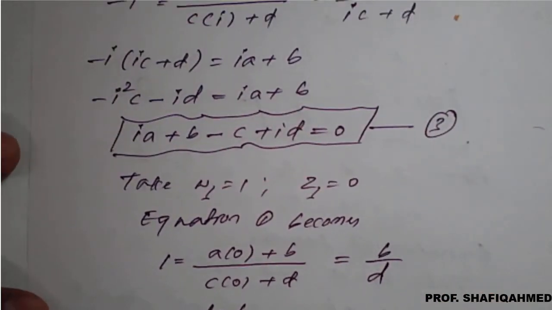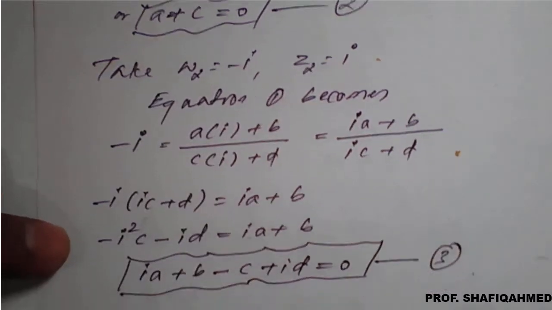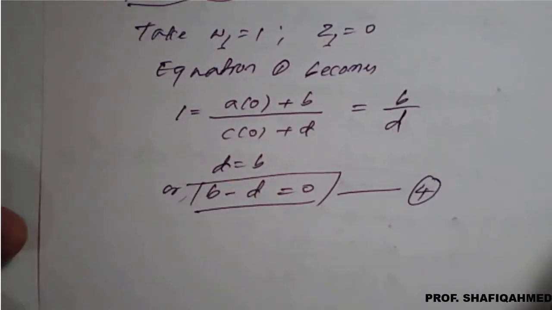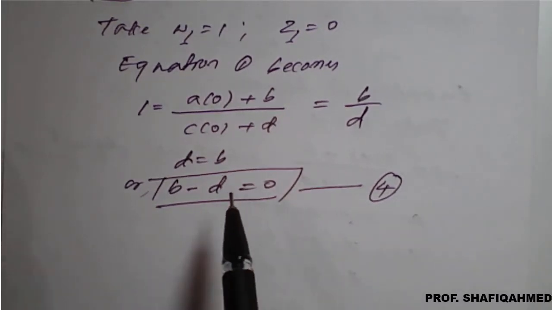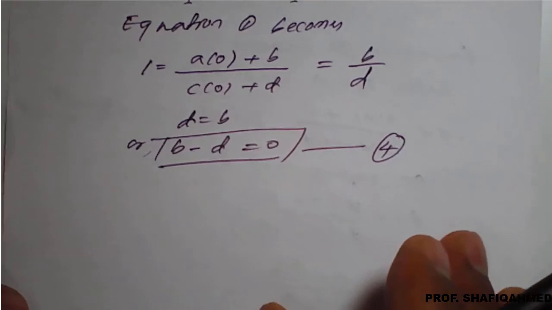You can see that our equation 2 has only 2 terms, that is A and C. Equation 3 has A, B, C, D, all 4 terms, but equation 4 has only B, D. If you compare 2 and 4, they are completely different, because no common term is there, so we can't use 2 and 4, as well as 2 and 3 also we can't.